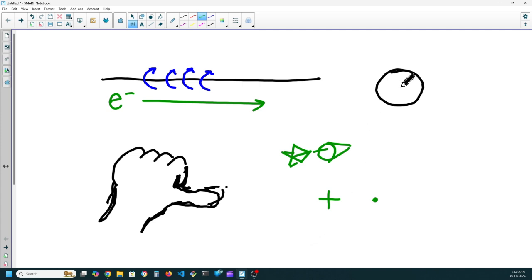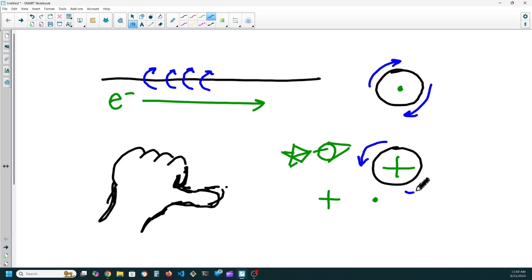So when current is coming out of the whiteboard, if I use my left hand, we'll see that the orientation of these magnetic lines of flux are clockwise around this wire. And when the current is flowing into the whiteboard, using my left hand, we'll see the orientation of these lines of magnetic flux are wrapping around counterclockwise. All right, so that's the left hand rule.